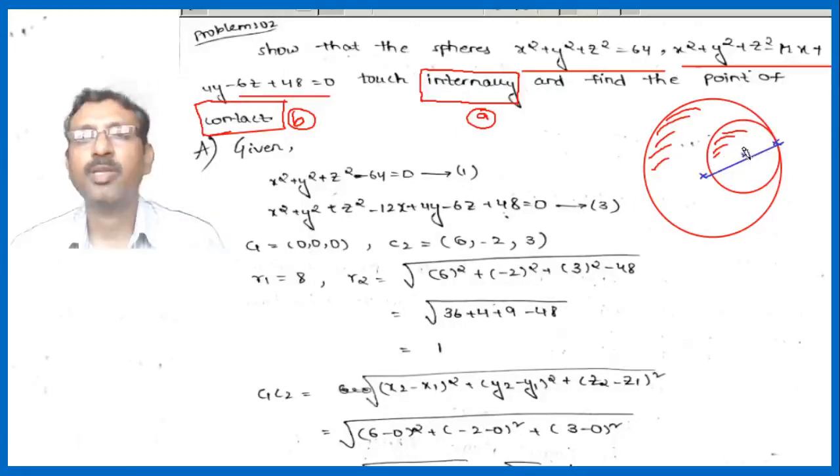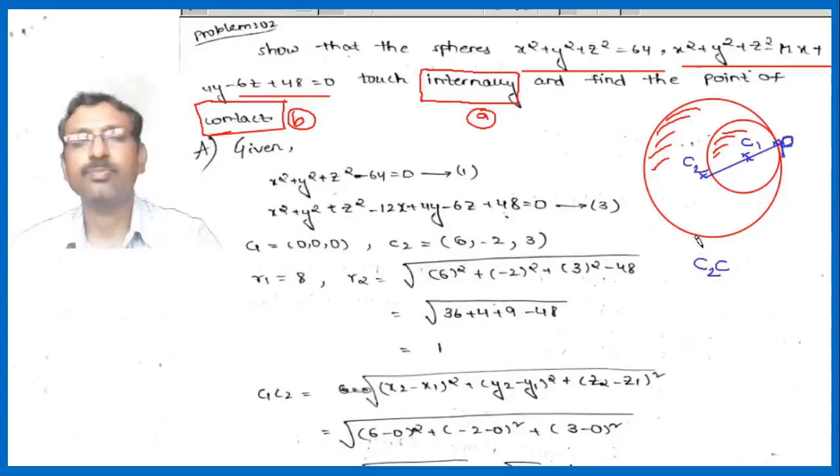You can join these centers C1 and C2. Here P is the point of contact, and observe that P lies on the extension of C2C1.